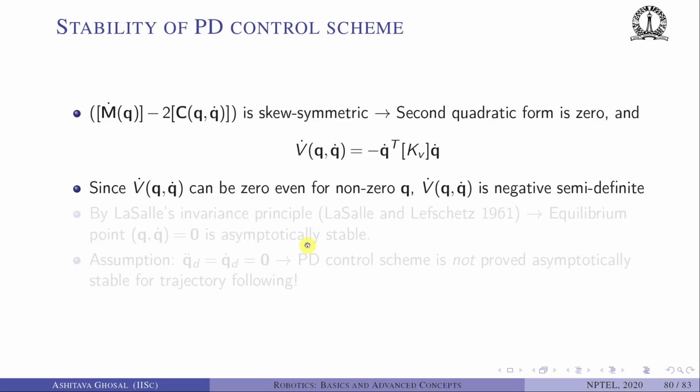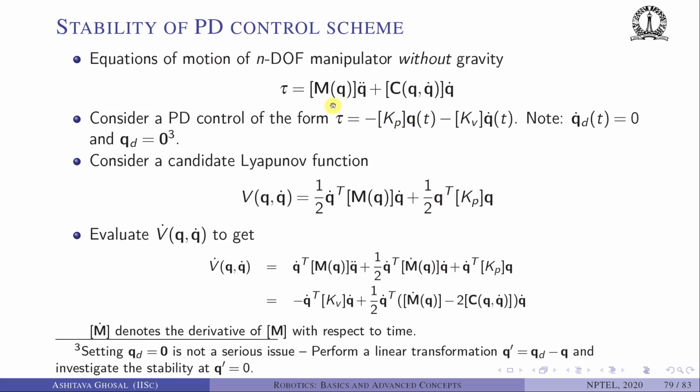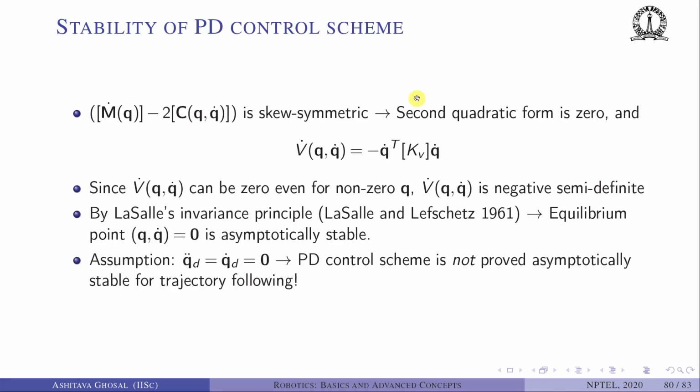So what have we shown? We have shown that a general n degree of freedom manipulator without gravity, and without a rate of change of the desired trajectory, is stable under PD control. As soon as you add qd double dot or qd dot not equal to 0, we cannot prove asymptotic stability.